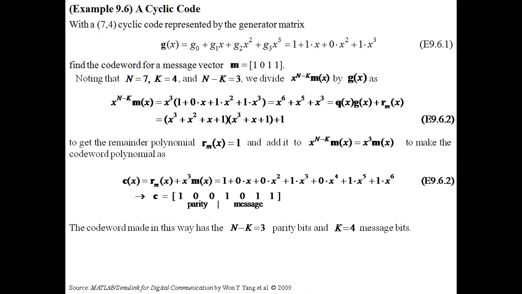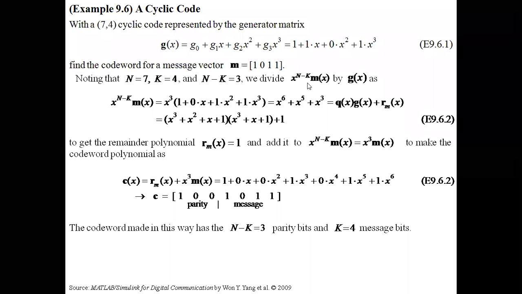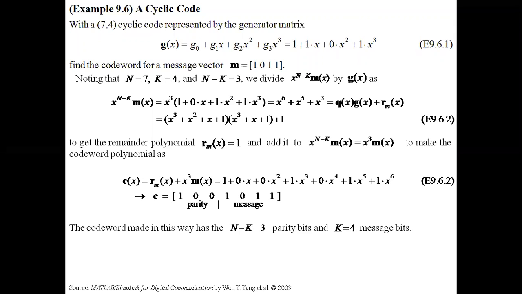The first polynomial, the divisor polynomial, is designed as m of x multiplied with x to the power of n minus k. In this example, x to the n minus k is x cubed. This is multiplied with m of x. M of x is in the form of 1 into x to the power of 0 plus 0 into x to the power of 1 plus 1 into x to the power of 2 plus 1 into x to the power of 3.